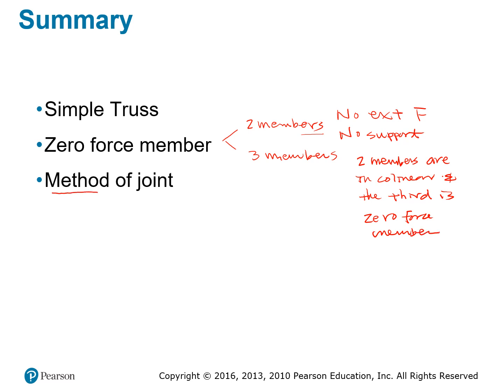The method of joints, you have several steps. First, normally we will do the overall.